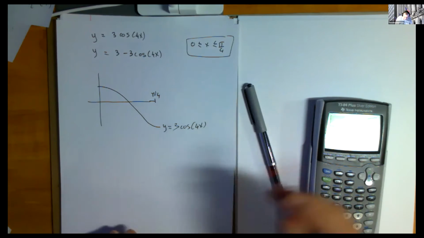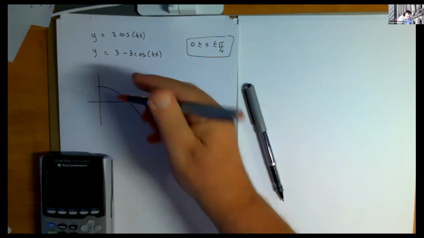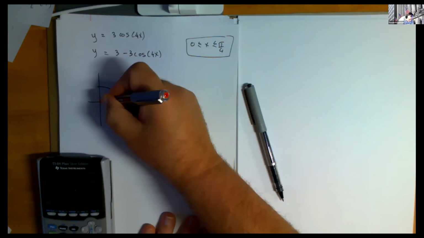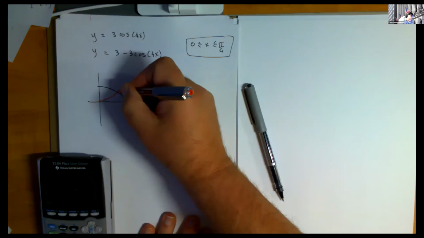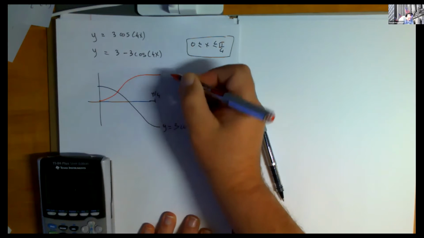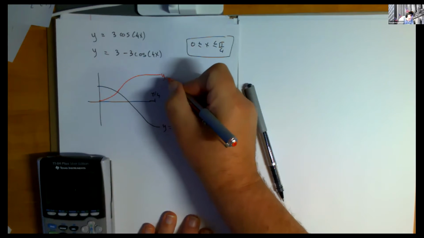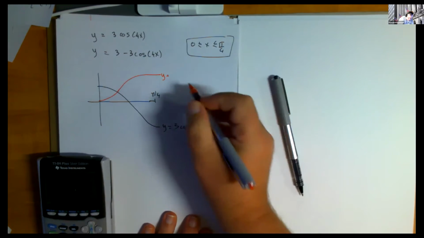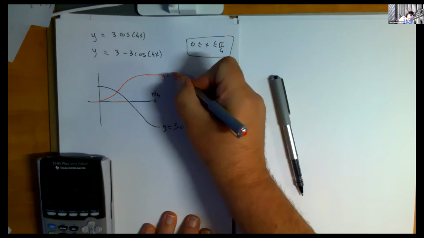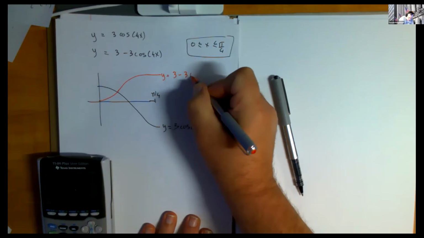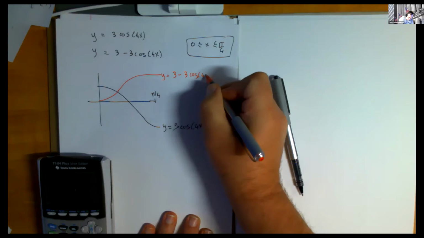And then the other one kind of starts here, crosses over somewhere like that, and then it levels off up here. And this one is y equals 3 take away 3 cosine of 4x.